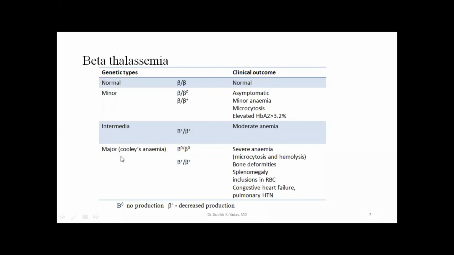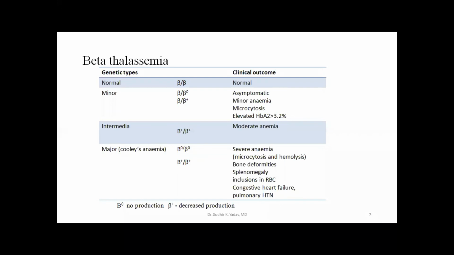Major beta thalassemia is also known as Cooley's anemia, and it is usually genetically homozygous status, either beta naught, meaning no production, or beta plus. In homozygous status, there is very little production of beta chains, and it will lead to severe anemia. So the patient will have microcytosis and hemolysis. How this hemolysis occurs, the pathophysiology, we will discuss, don't worry about it.